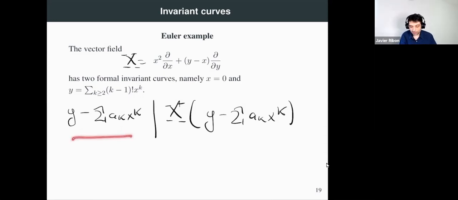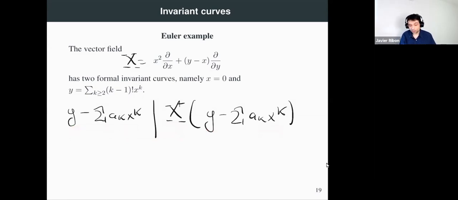If this happens and this series over here converges, then this is the equation of an invariant curve. Essentially, we are saying that this condition implies that the vector field X is tangent to the zero set of this function, and so the zero set of this function is invariant.